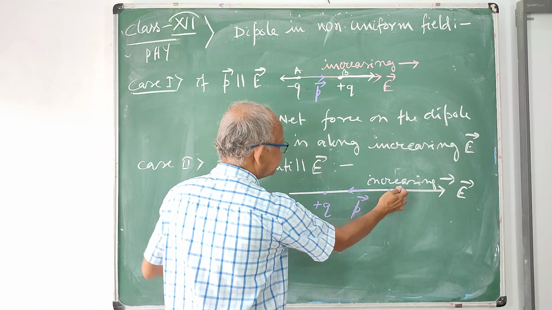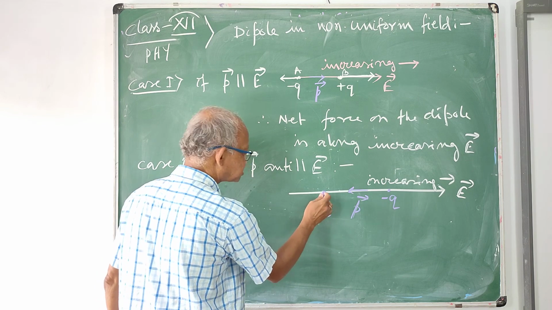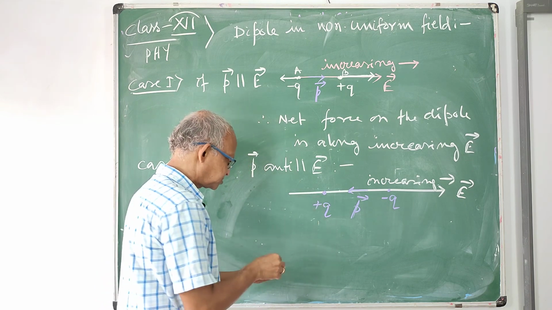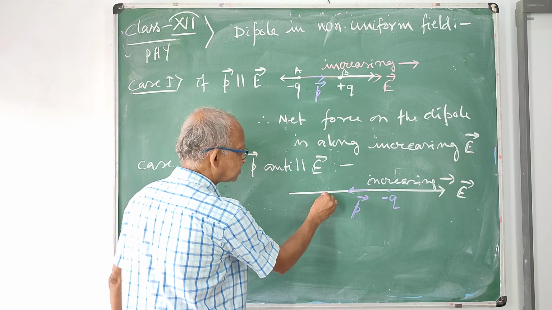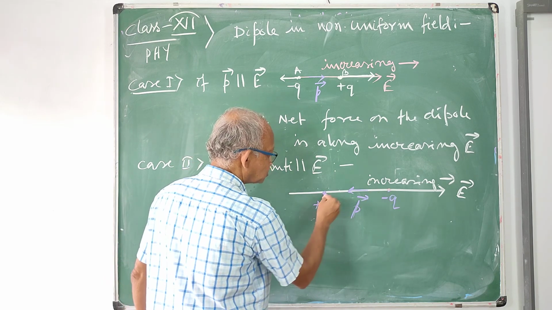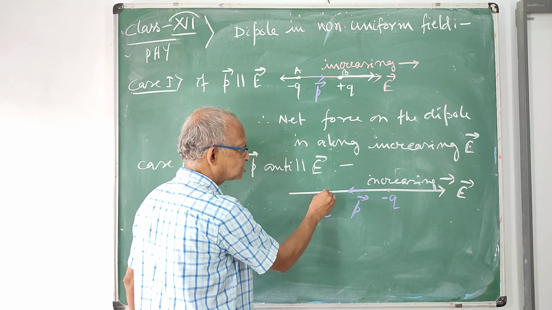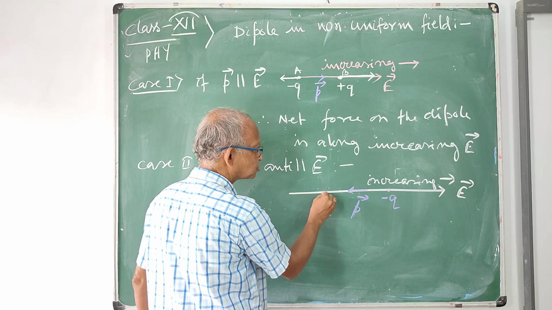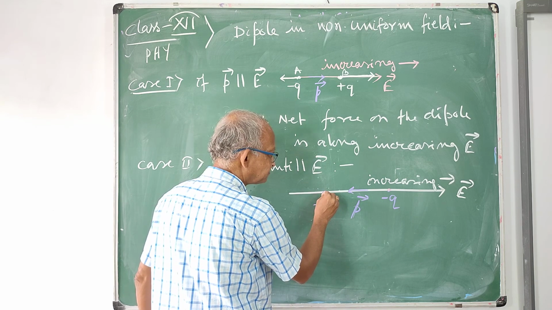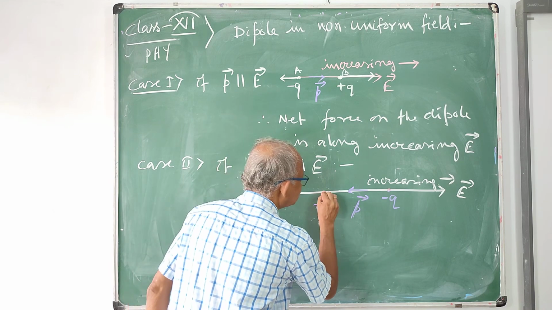Then as electric field is increasing rightwards, at the position of plus q charge, the electric field is small compared to here, so the plus q charge experiences smaller force. Plus q experiences a force along E, but smaller.